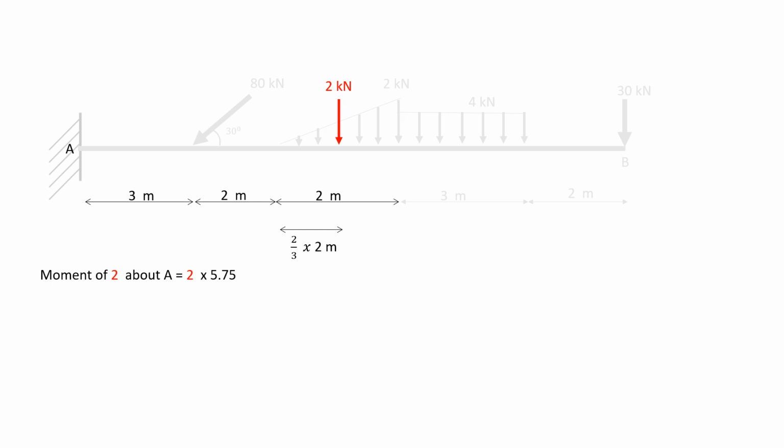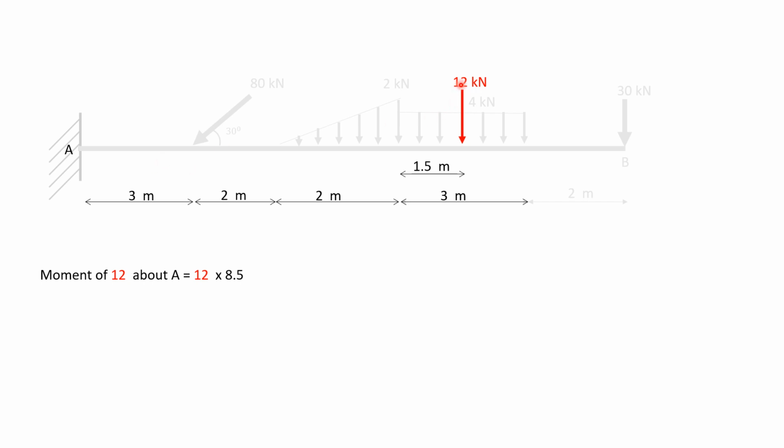This 2 kilonewton force will pass through line of action of force like this and it will rotate about point A like this. It will have perpendicular distance about point A of 7 meters and it will rotate anti-clockwise about point A and it will have moment of 2 into 7.